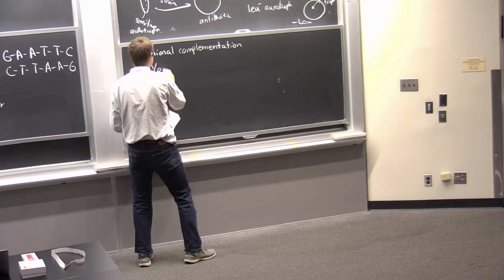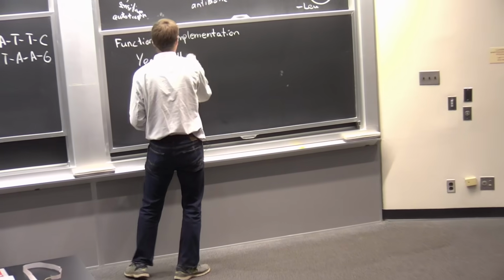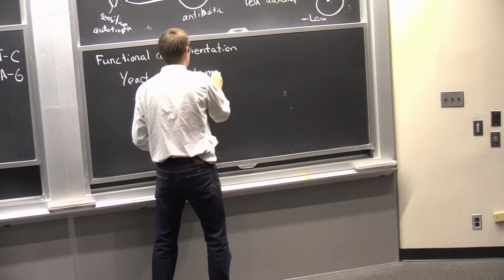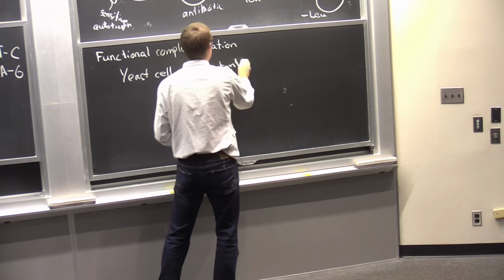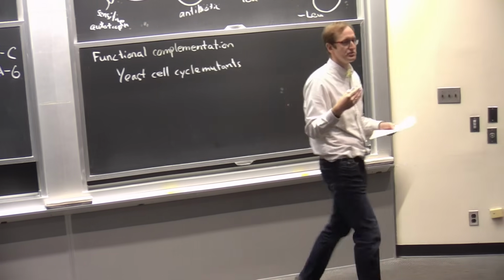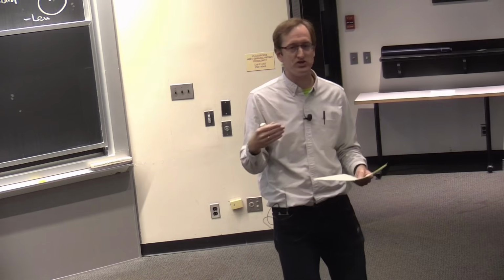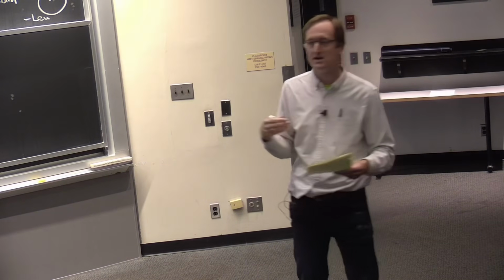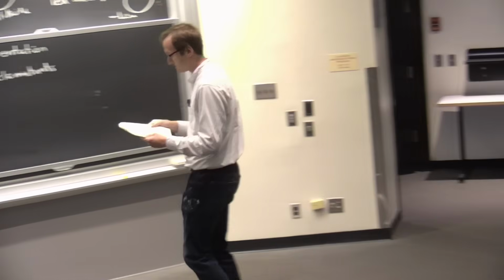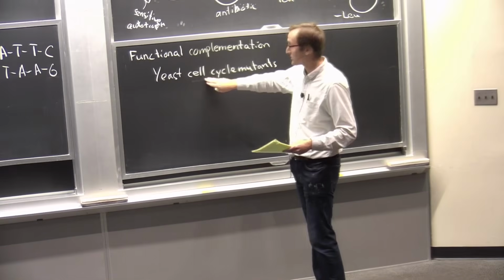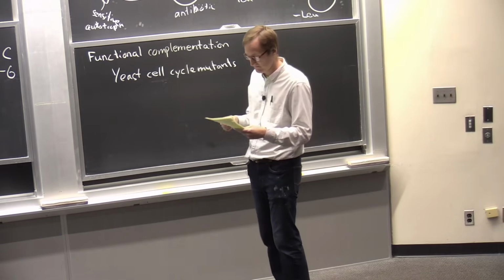involve the yeast cell cycle mutants. And I'm going to tell you about the experiment that led to the cloning of the master regulator of cell division in humans, okay? And it involves a yeast mutant, and specifically a yeast cell cycle mutant.